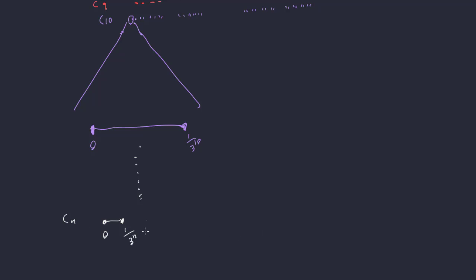Okay, and that's just the rightmost piece, which shrinks down to 0. However, it's a closed set, so it's always going to contain these.